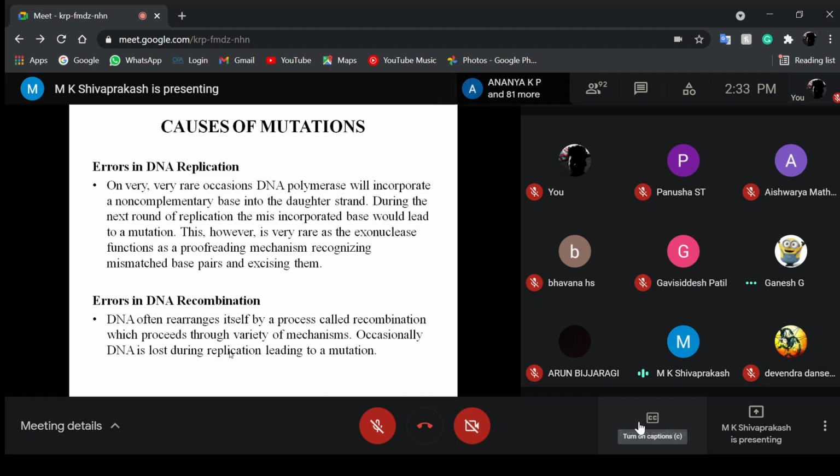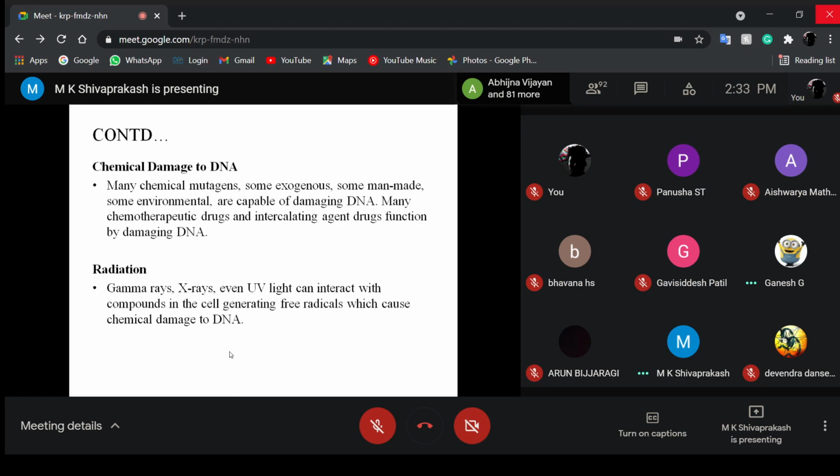In both, the mutation causes errors in DNA replication as well as DNA recombination. Then of course, chemical damage to DNA.